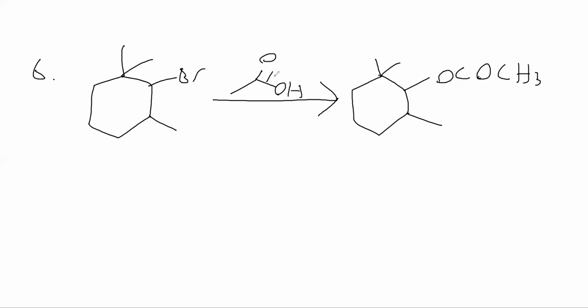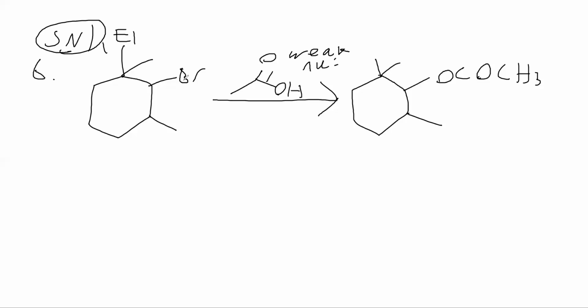But the nucleophile acetic acid is an acid, it's a weak nucleophile. So because of that, it's going to be better for SN1 and E1. We're just worrying about SN1 because I'm asking about substitution, but they would both occur.